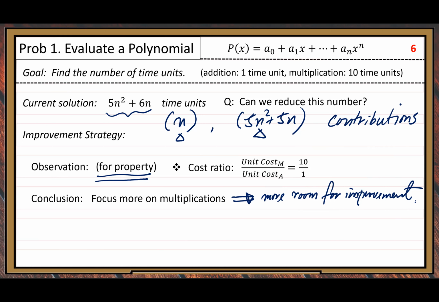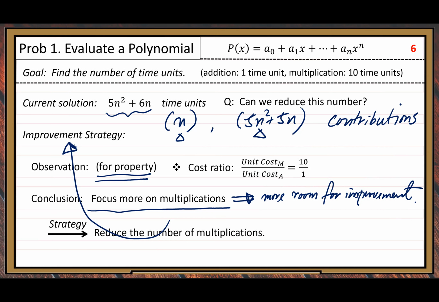So that's the conclusion. And this conclusion is the improvement strategy we would like to take in our next step to find a better solution. The strategy: reduce the number of multiplications.